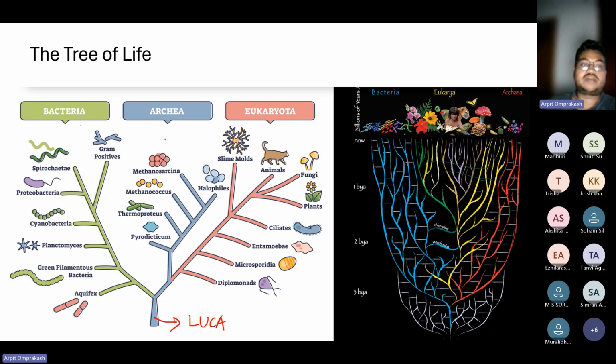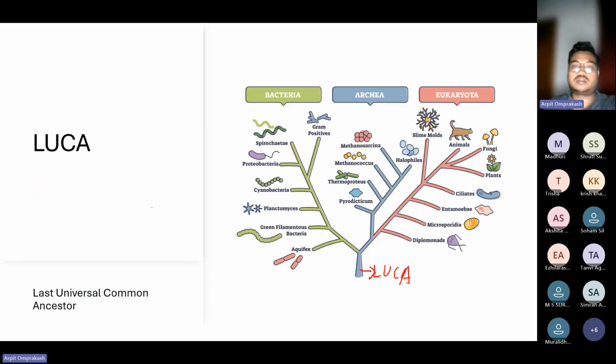So we have these three different domains, bacteria, archaea, and eukaryota, which came from an ancestor common to everyone, called the last universal common ancestor.